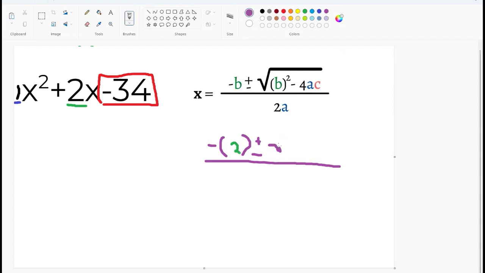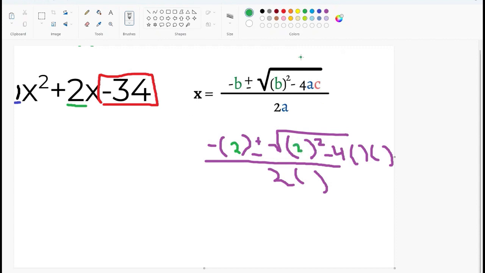Then the square root of b squared minus 4ac, all over 2a. So now we're just going to input stuff into here. b is 2, so I put it in there. Negative 4 times a, and a is 1. And then times c, and c is negative 34.